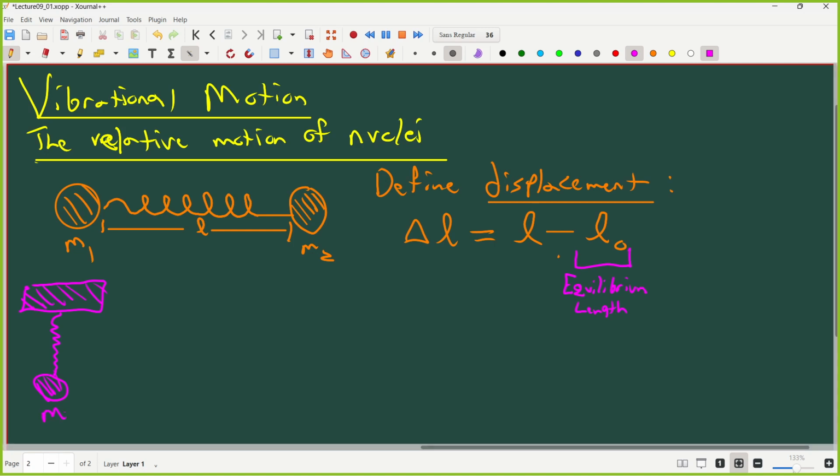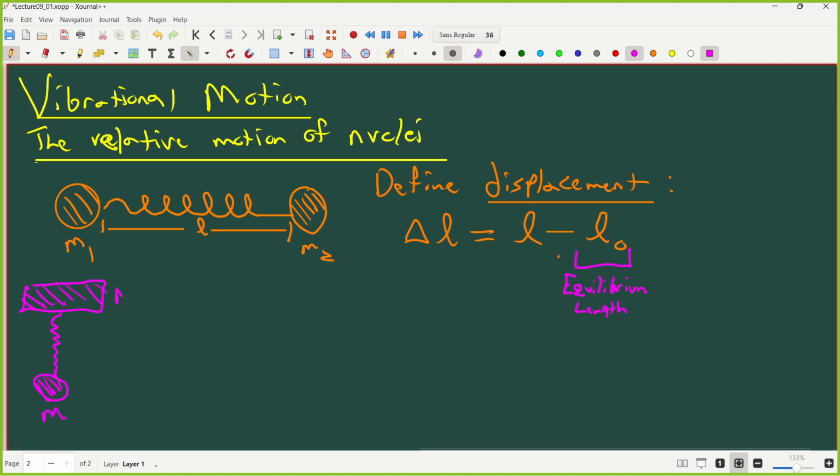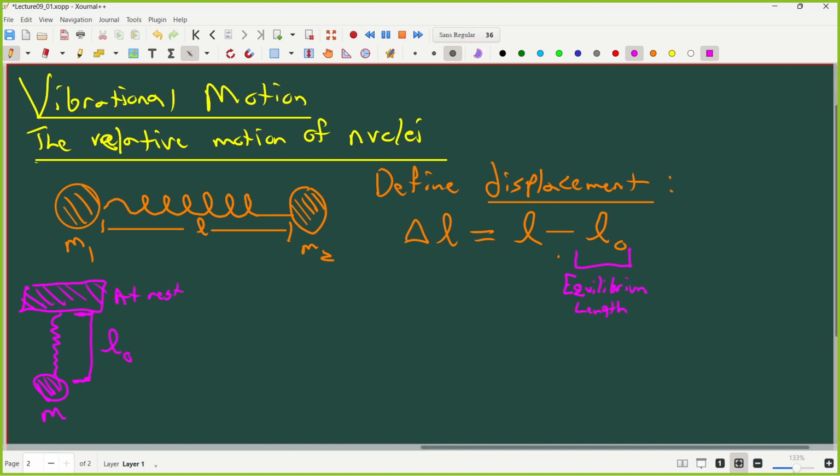We don't do anything to it. We just leave it at rest. The length of the spring at rest is L naught. So every spring has an equilibrium length. You can have really short springs, really long springs, and so on.